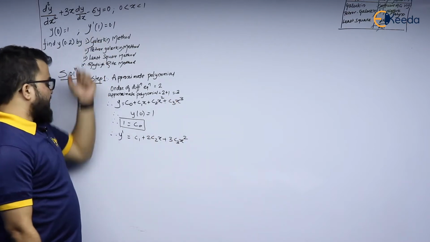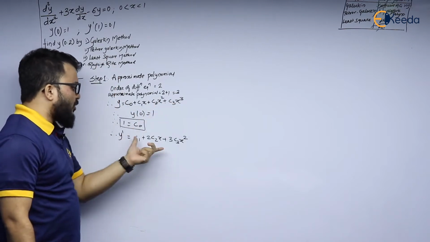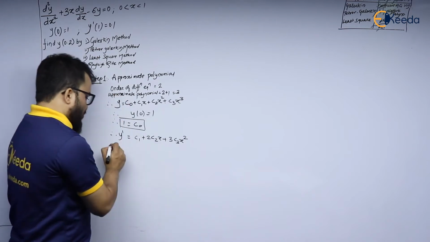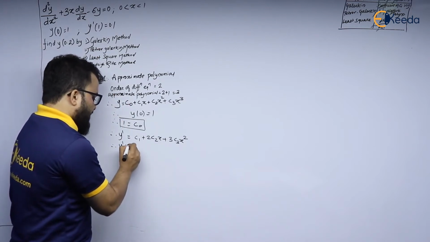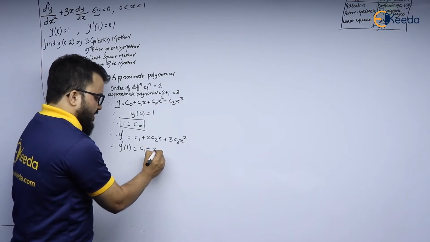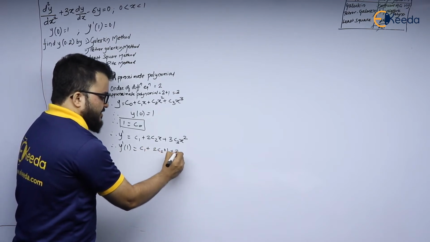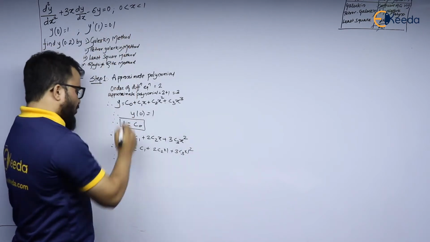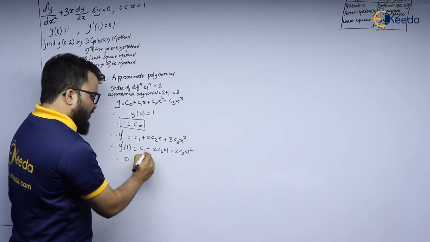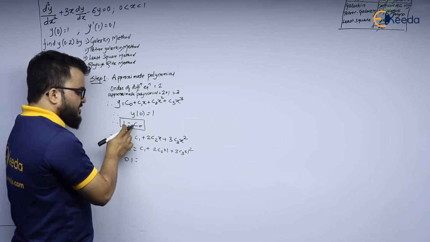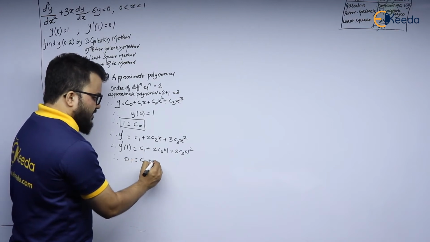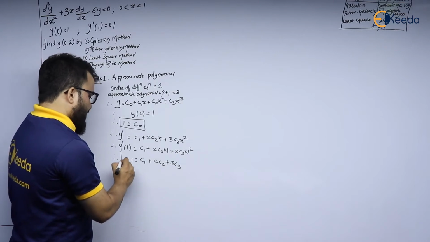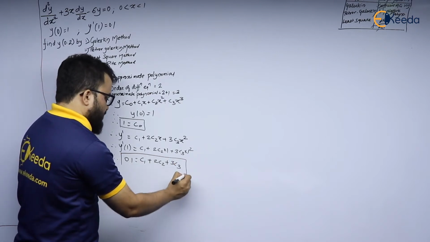Now I put x equals 1: y dash 1 equals c1 plus 2c2 into 1 plus 3c3 into 1 square, which is 0.1. So c1 plus 2c2 plus 3c3 equals 0.1. This is my equation number 2.